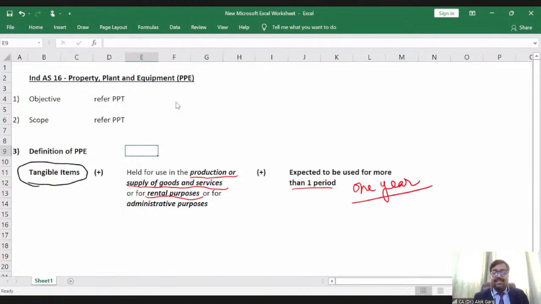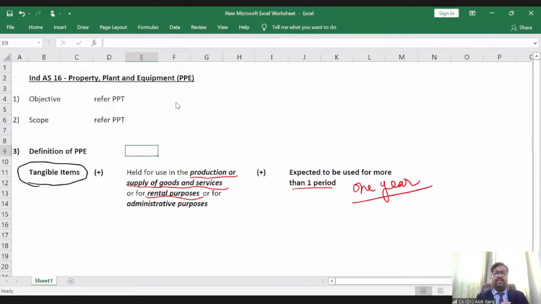So in that case, in my balance sheet, these kind of cranes, these kind of machineries are property, plant and equipment. Of course, its expected usage is more than 1 year, right?